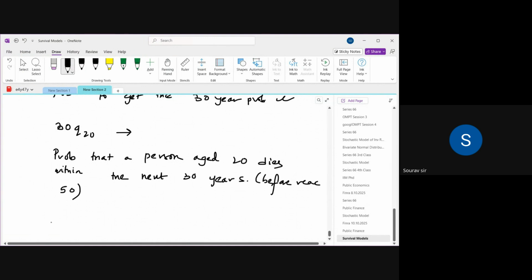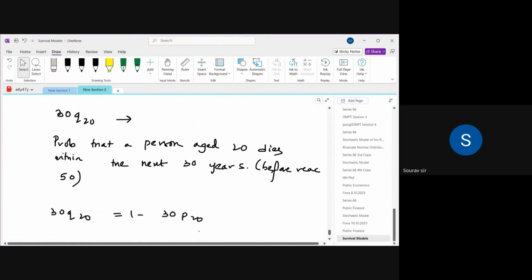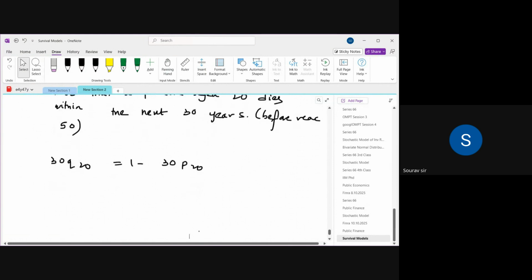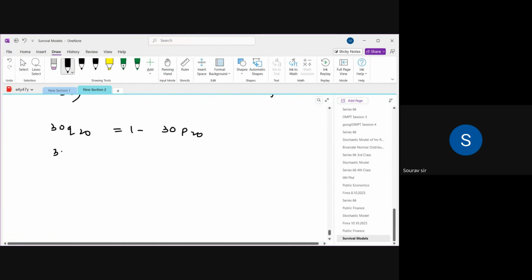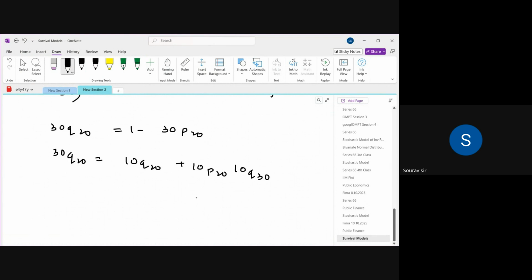Okay. So 30q20 is equal to 1 minus 30p20. Okay. So 30q20 is 10q20 plus 10p20 times 10q30 plus 20p20 times 10q40.